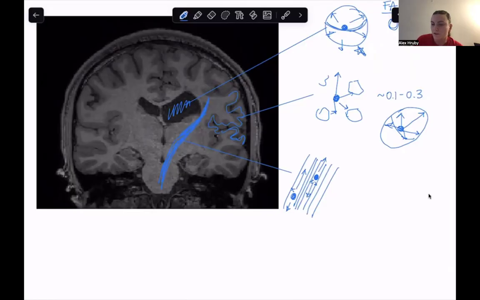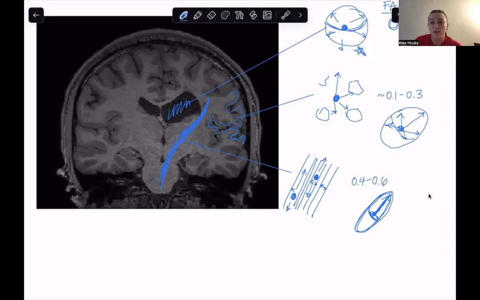They can maybe go side to side within them, because they're smaller than the axons, but the reality is they're going to be moving a lot more unidirectionally. So those FA values are going to jump up even higher, to 0.4, even up to 0.6, 0.7, depending on how restricted they are in their movement. So now you're going to get an even skinnier oval or ellipse, and you're going to have a stronger preferential direction.